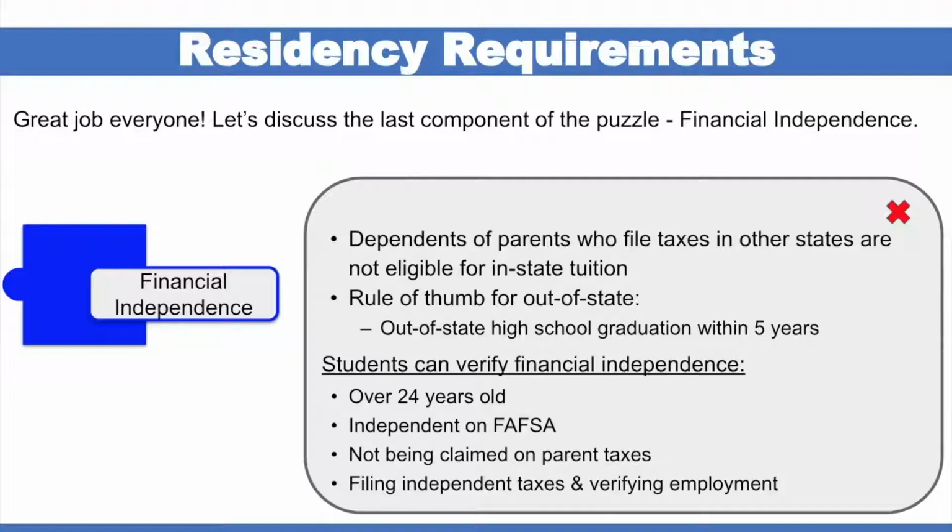The rule of thumb is that students who graduated from an out-of-state high school within 5 years must verify their financial independence. Students can verify their financial independence in the following ways: by being over 24 years old, demonstrating financial independence on the FAFSA, not being claimed on their parents' taxes, and filing taxes as an independent and verifying employment.